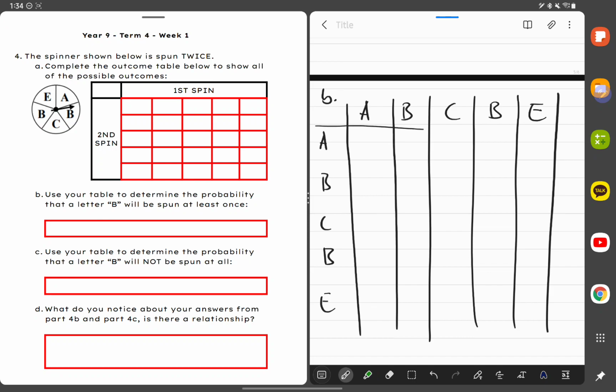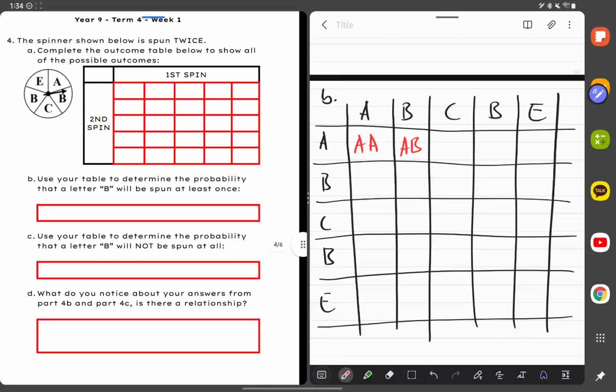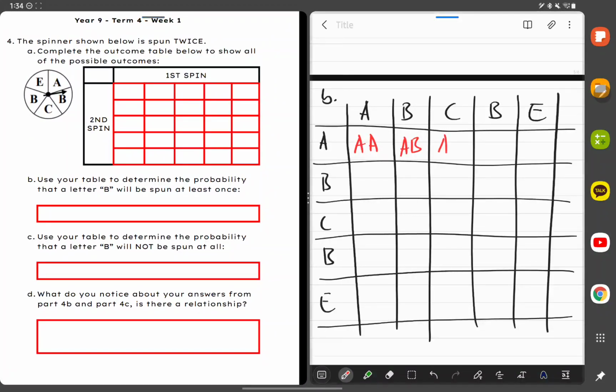Maybe they didn't want me to actually write in the A, B, C's, and E's, and they just wanted me to start filling in immediately. Well, anyway, let's say this is the case. I have AA, I have AB. Okay, well, having seen the question, the order doesn't matter, so I'm just gonna run right through it.